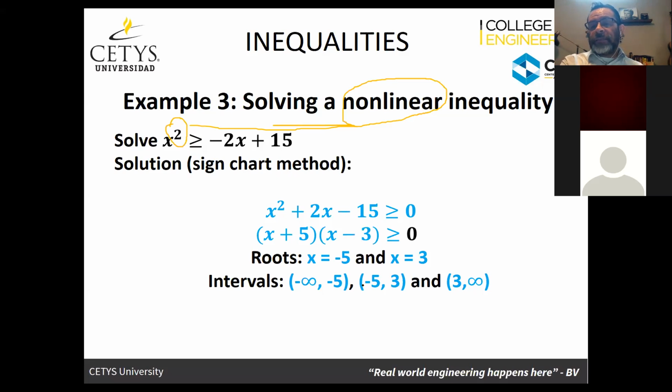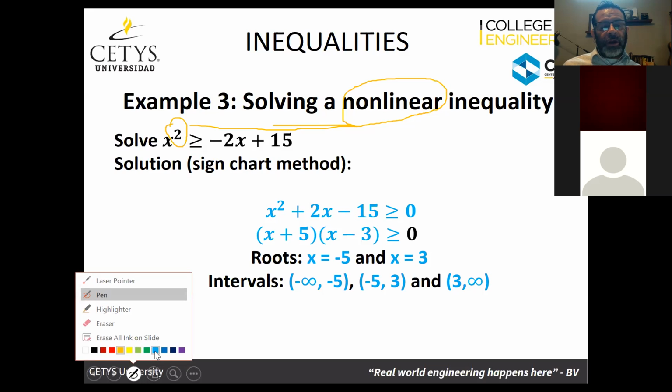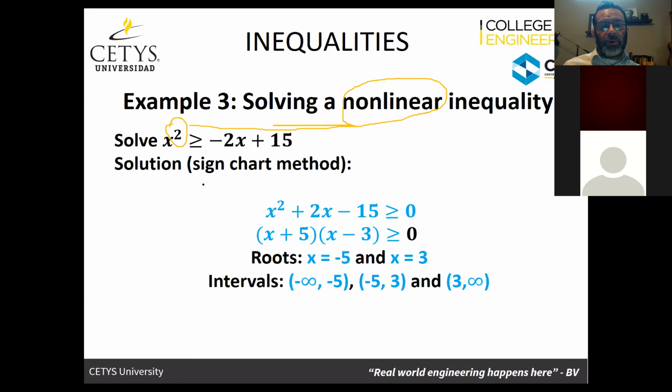Well, before that, there's a step zero. Step zero is that we have to represent the expression with a zero on the right-hand side. There has to be a zero on the right-hand side.